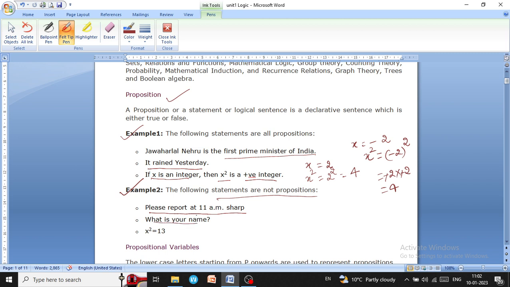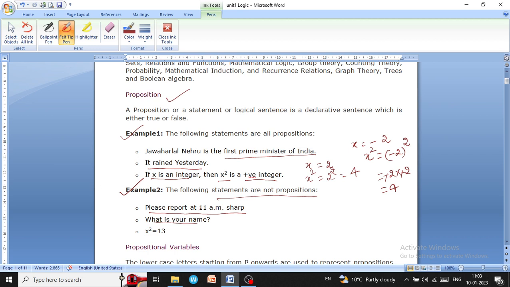This is also a statement which is not a proposition, because you cannot answer in yes or no. You cannot answer true or false. You have to tell your exact name, because the question is what's your name. So we can say that this is not a proposition. Those statements which give an exact answer are known as normal or simple statements, not propositions.